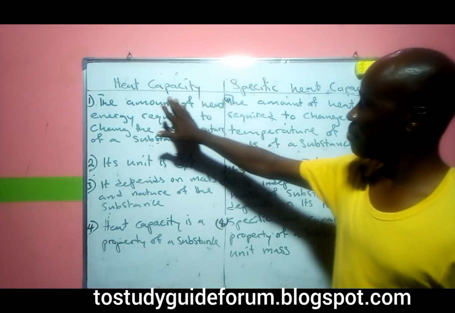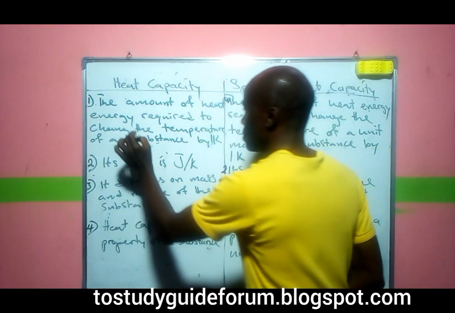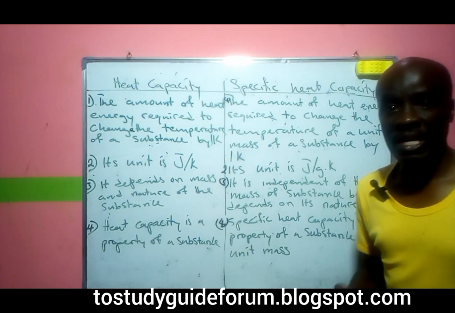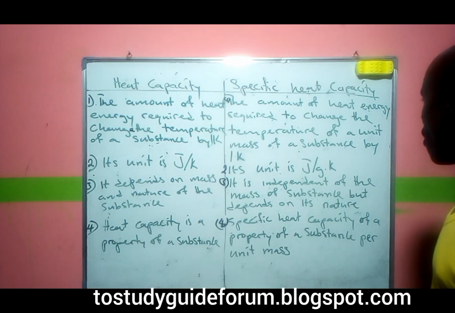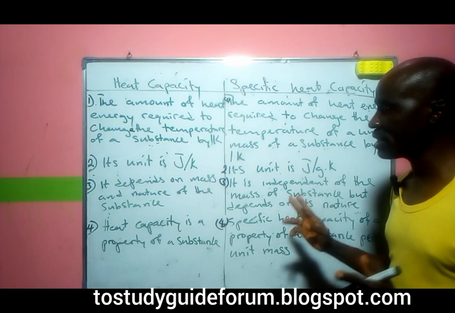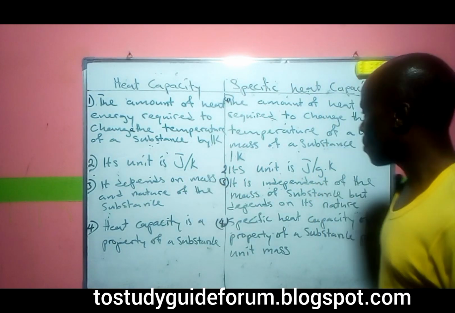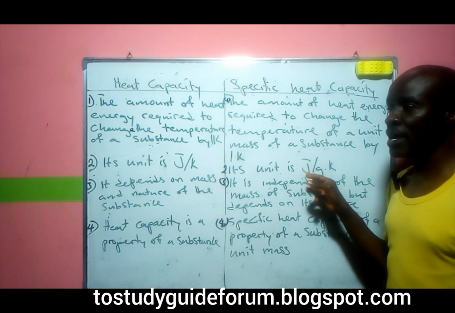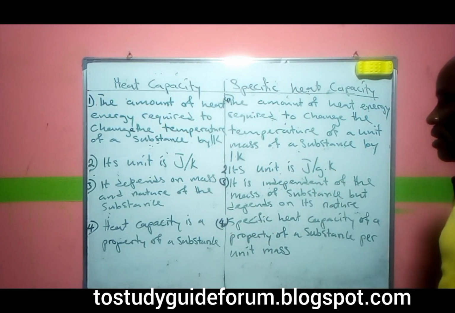Heat capacity is the amount of heat required to change the temperature of a substance by 1 K, while the specific heat capacity is the amount of heat required to change the temperature of a unit mass of a substance by 1 K. The SI unit for heat capacity is joule per Kelvin, while the unit for specific heat capacity is joule per gram per Kelvin or joule per kilogram per Kelvin.